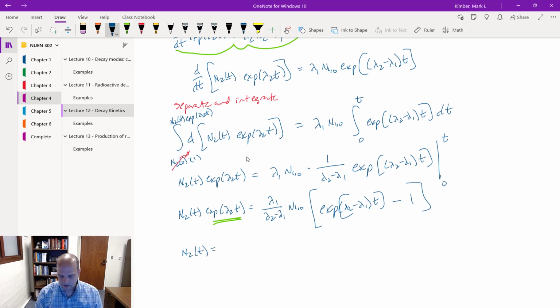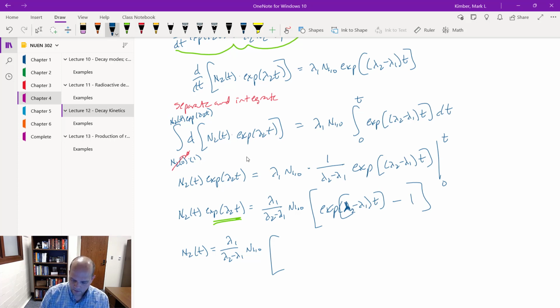And if I do that over here, I'm going to distribute it through these brackets. Well, let's just write this down first. So now I've got two terms. I've got the exponential of lambda 2 minus lambda 1 multiplied by t, and if I divide that by exponential of lambda 2t, that's the same thing as multiplying by exponential of negative lambda 2t.